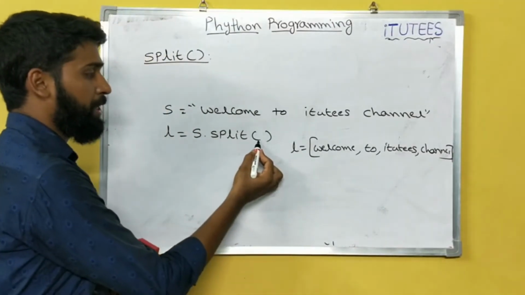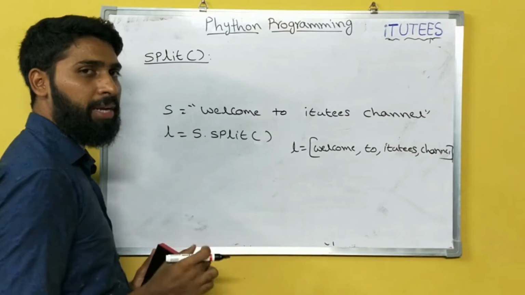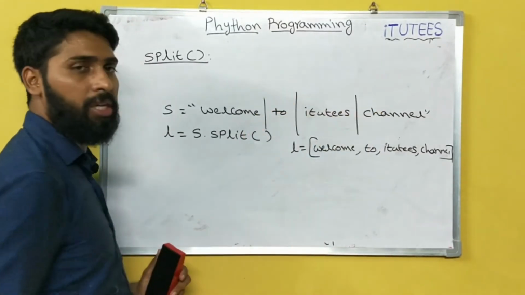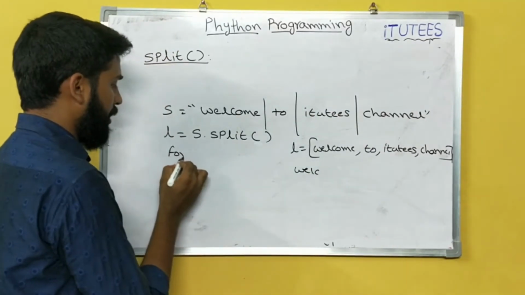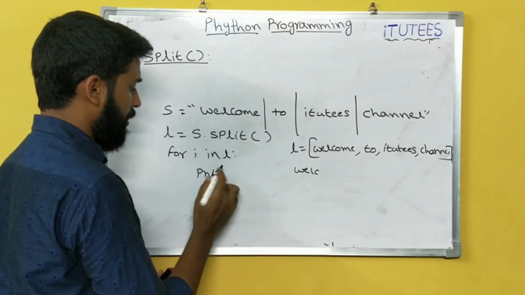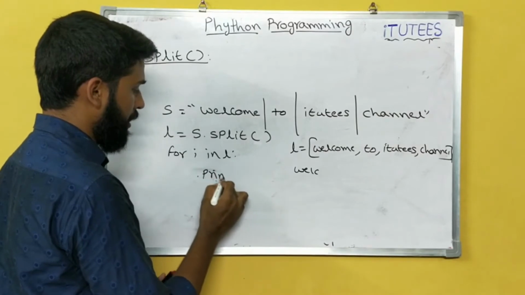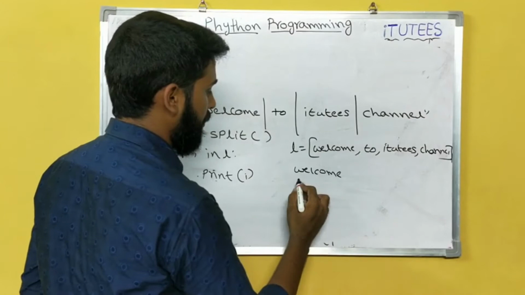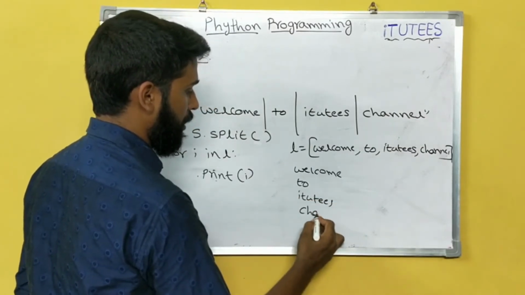That means split, if you are not giving anything in these brackets, splits wherever spaces occur. If you want to print L, for i in L, print i. What does it print? Welcome to ITUTEES channel.